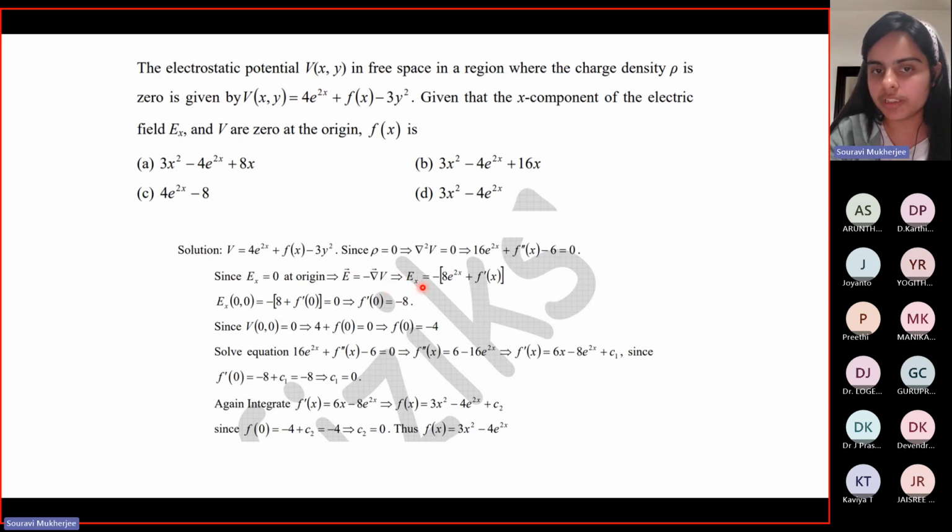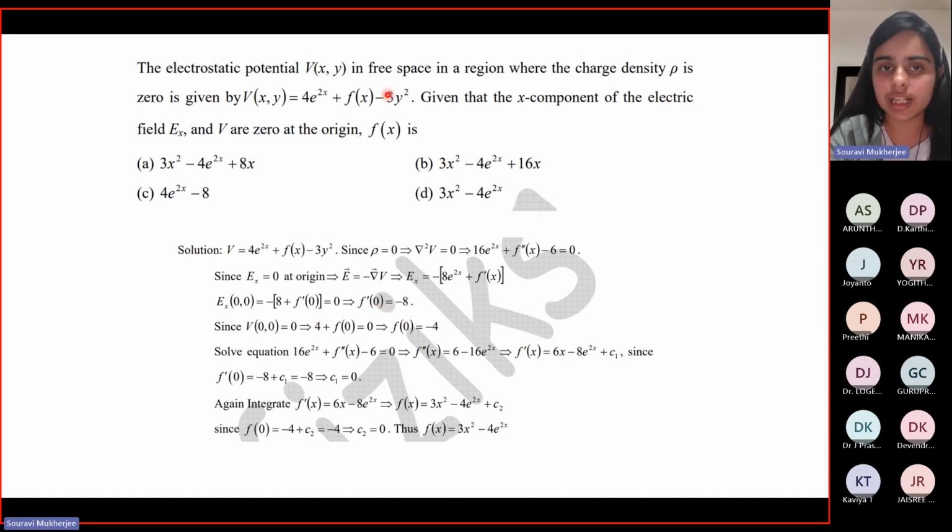To write the expression for the Ex component, you have to take a derivative with respect to x, right? And this is how it looks. Now you know that this value should go to 0 at x equal to 0, y equal to 0, right?